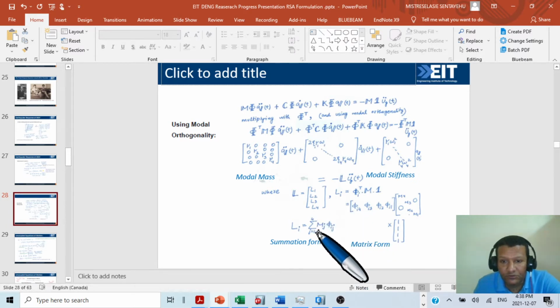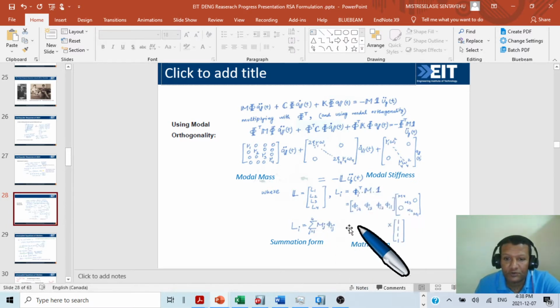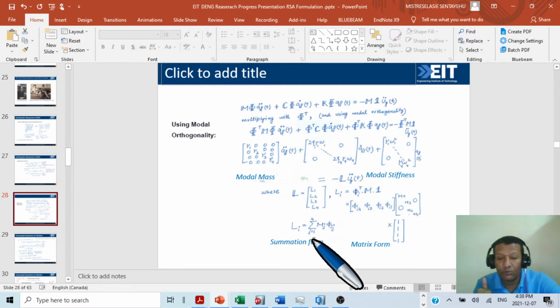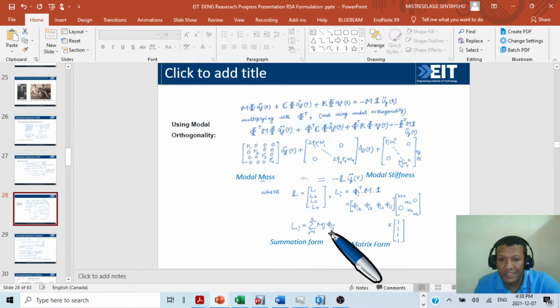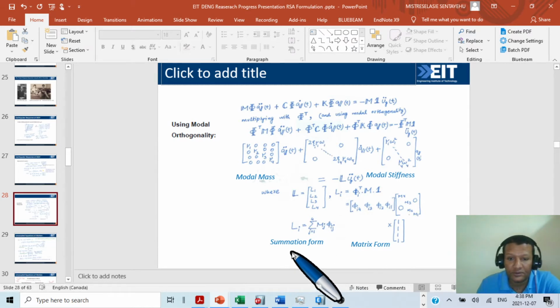So this is the matrix form. In the summation form, Li will be the sum from j equals 1 up to 4, because we have 4 stories, m j times phi ij. As you can see, phi i means the first mode or second mode or third mode, fourth mode, or whatever. So this is the summation form, this is the matrix form. Now we reach here, let's continue.